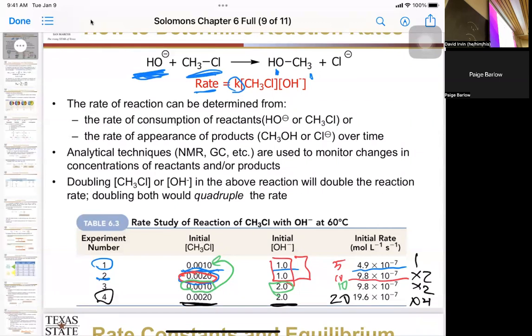If you have one hump on your reaction coordinate diagram, your rate law is second order because it depends on both components. Okay. If you have two humps on your reaction diagram, that's first order because you're waiting for the rate determining step, the step with the highest activation.